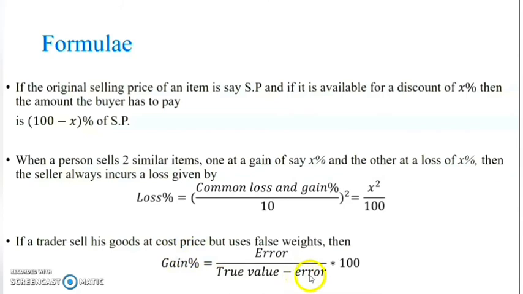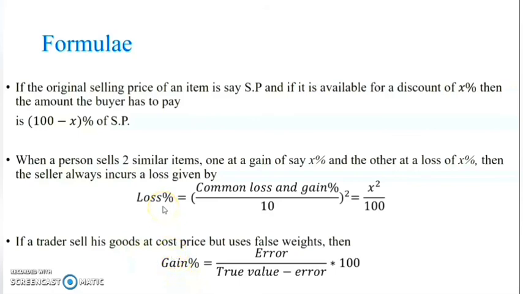Now to find this gain percent, just substitute the error. What is the error here? Suppose instead of giving 1 kg, he gives only 900 grams, then the error will be 1 kg, which is 1000 grams, minus 900 grams, that is 100 grams, and the true value will be 1000 grams. So just substitute in the formula and you will get the gain percentage.